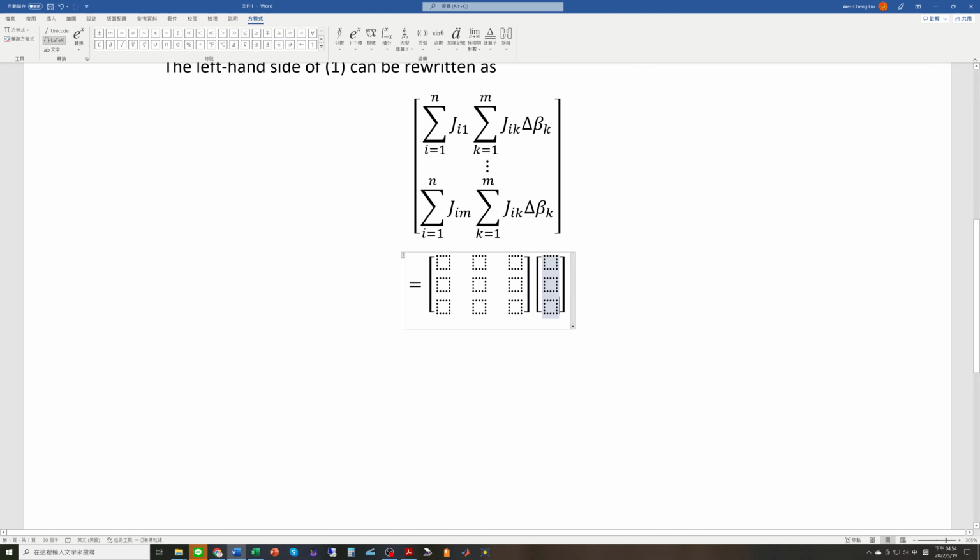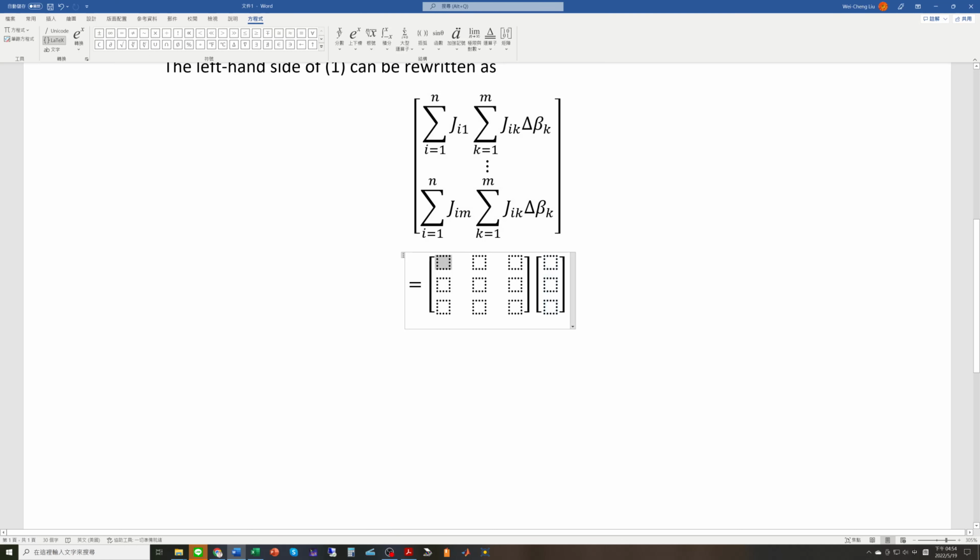So let us see the first row of the matrix. Okay, so the first row of the matrix should be capital Ji1, where i is equal to 1 to n. Okay, so the first element of the first row should be Ji1, where i is equal to 1.